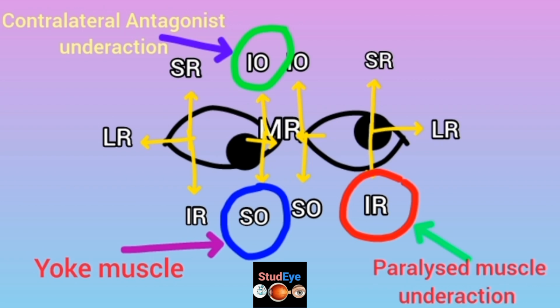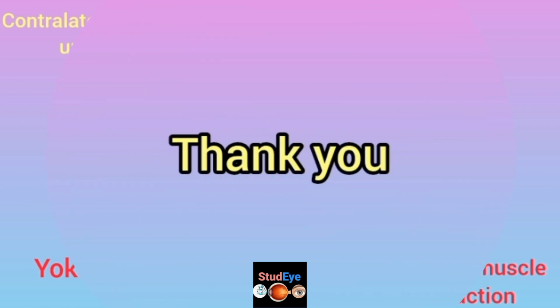So the contralateral antagonist, the right eye inferior oblique, will also underact, which is the inhibitory palsy because of the overaction of the yoke muscle, right? So this is the fourth step, which states that there will be the underaction, meaning that the inferior oblique will not work due to the overaction of the yoke muscle. So this is all about muscle sequelae and the complications of any muscle palsy.